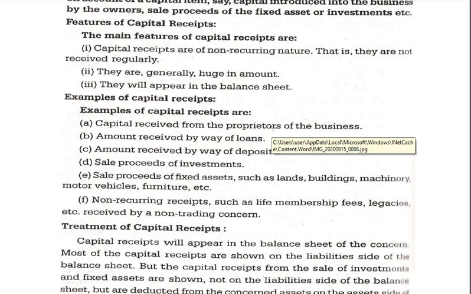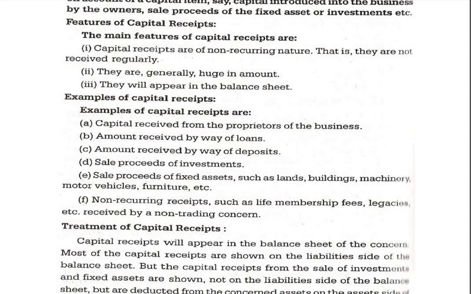Here the explanation is in general, whether the concern is trading or non-trading. Amount received by way of loans, because you don't receive loans very often unless they are short-term loans. So long-term loans received are non-recurring in nature. Amount received by way of deposit.